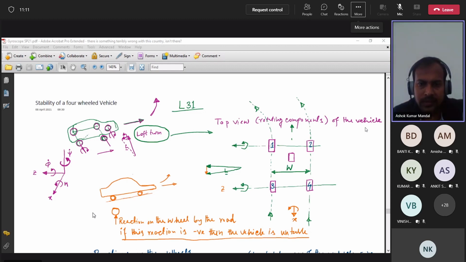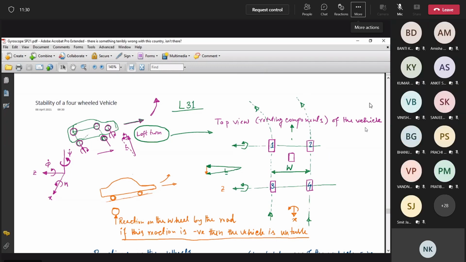We will now examine what is the condition which ensures no toppling. That condition is that this reaction force has to be always positive. If this reaction is negative, then the condition for toppling is there.